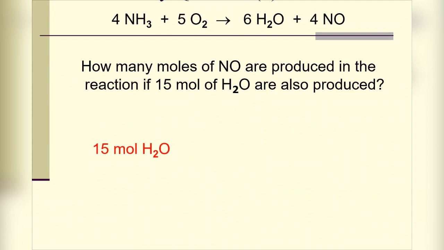Which two ratio are we looking for? NO and H2O. What is the mole of NO in the equation? 4. So it should be on the top. And H2O, which has been given over here, it is bottom, 6, right? 4 over 6.